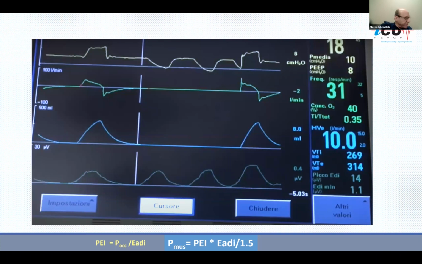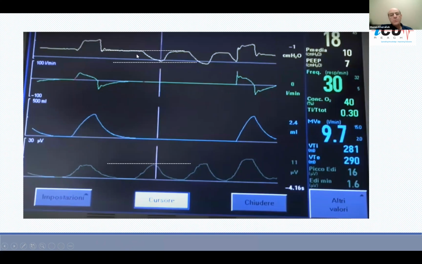I may not have time to explain this in detail because I need to leave some time for questions and answers. But if you have electrical activity measurement of the diaphragm, you can measure the occlusion pressure and relate this to the electrical activity of the diaphragm. Quickly, the PEEP here is 8. The occlusion pressure goes to -1 centimeter.